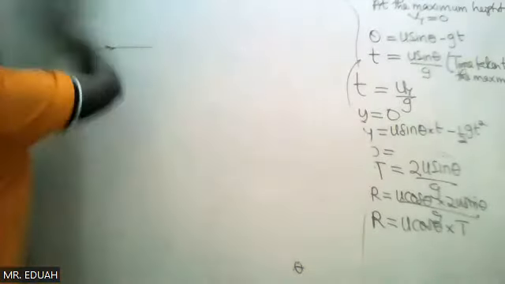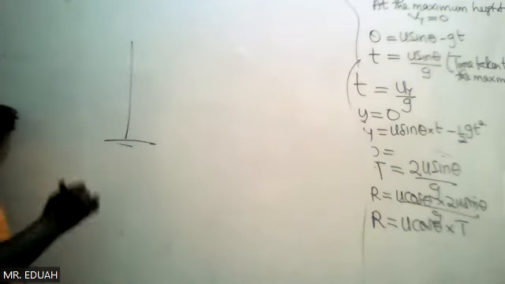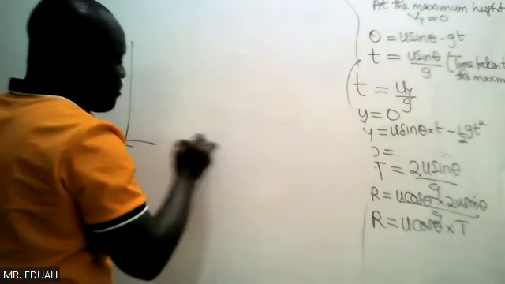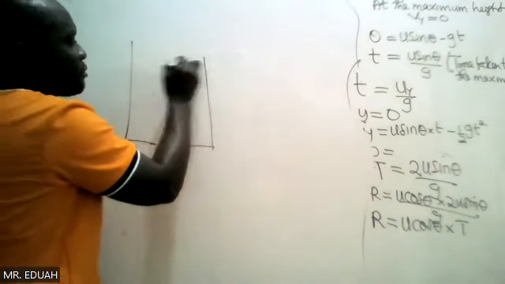We did a similar one in vertically upward motion, where we considered the body being projected from the ground, getting to the maximum height, and we also looked at the body being projected from a height h above the ground, if you recall.